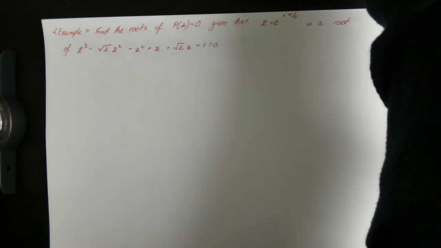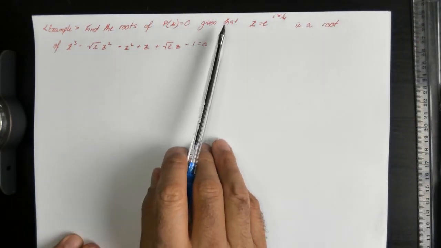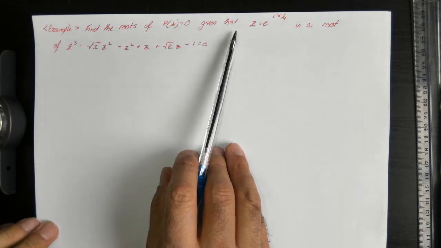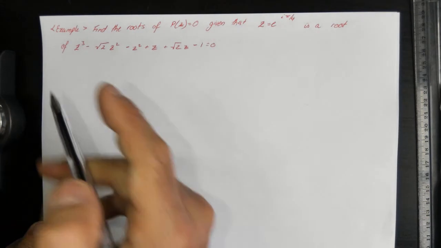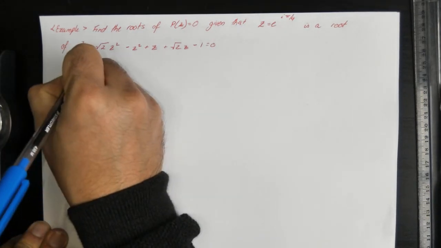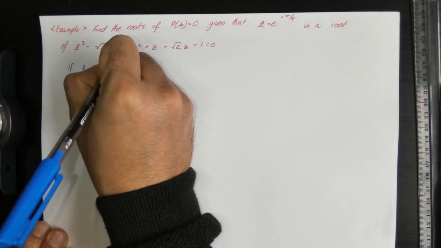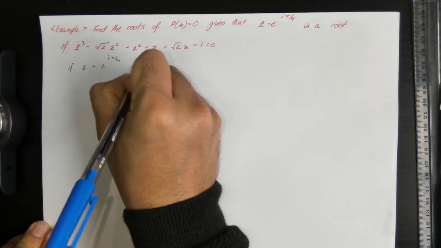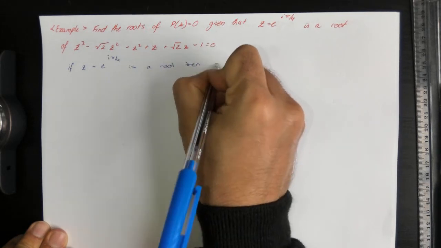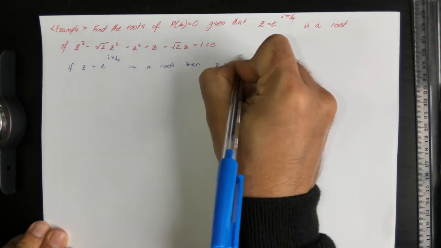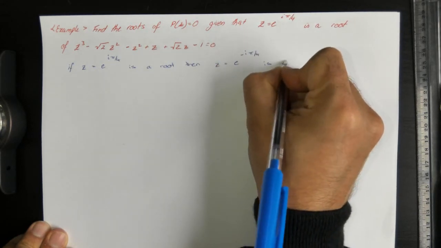We're going to find the roots of P(z) given that z equals e to the i pi on 4 is a root of this complex number. Okay, so if z equals e to the i pi on 4 is a root, then z equals e to the negative i pi on 4 is also a root.